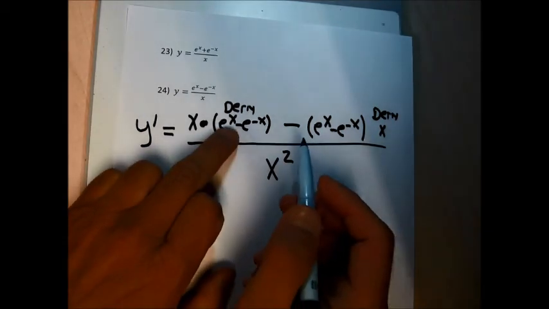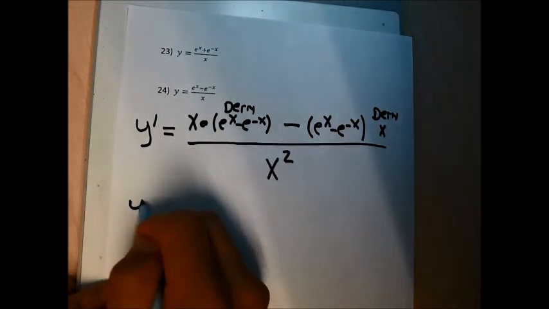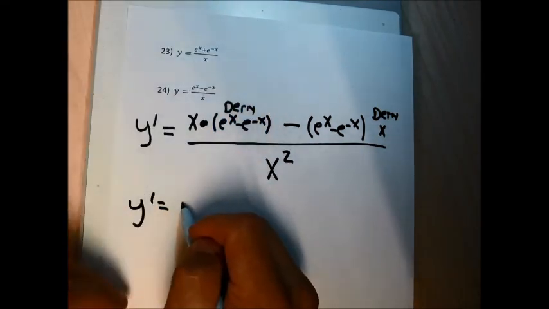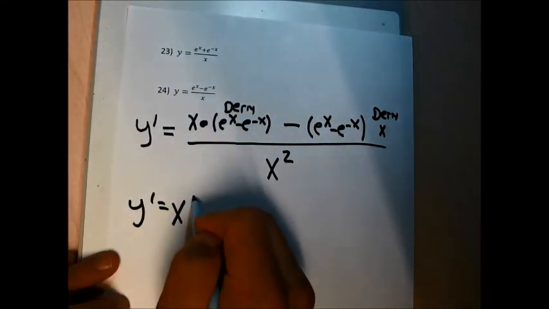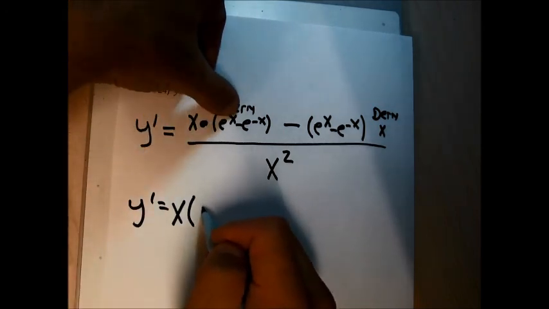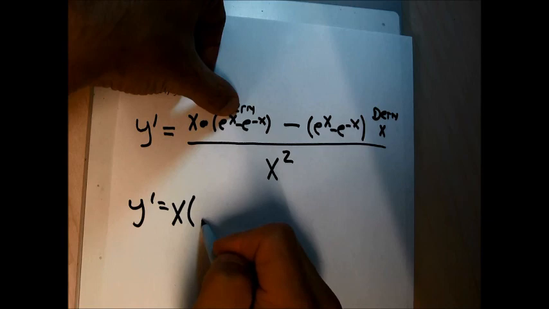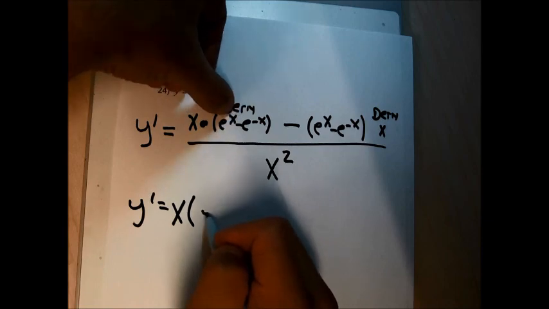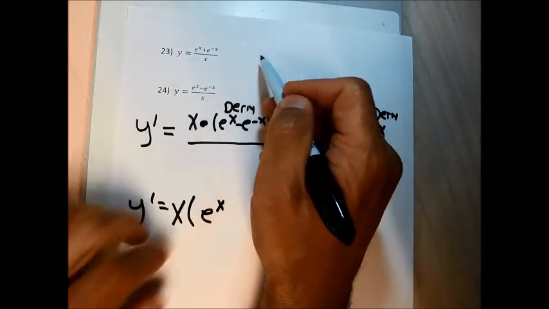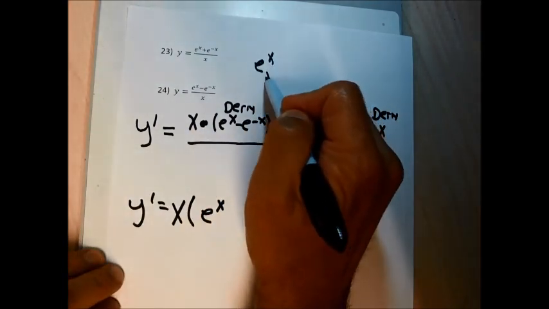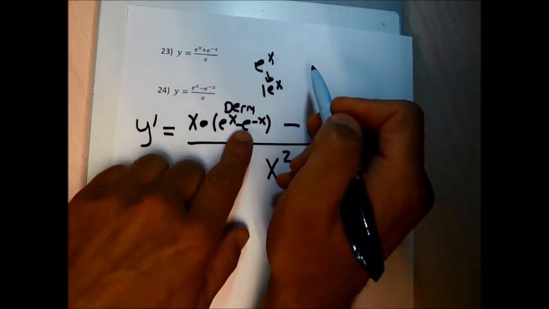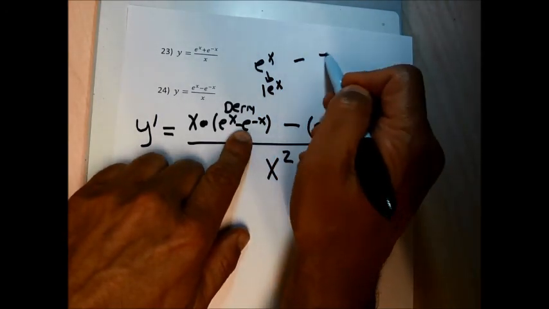And the derivative of this parentheses is going to be ugly. I'm going to leave myself some room for it. The derivative of e to the x is the derivative of the exponent, which is 1, which I'm not going to write, times the e to the x function. So I do the derivative of each piece. The derivative of e to the x is 1 e to the x. And then for this one, there's a minus in front of it already.